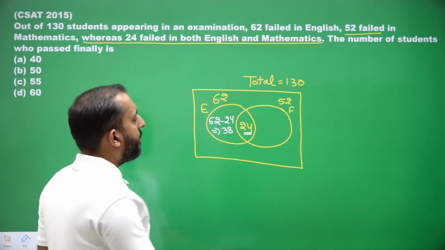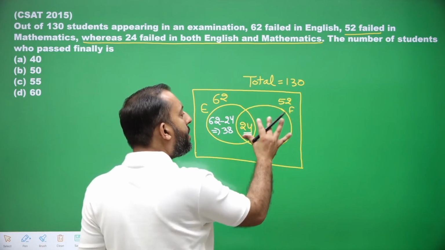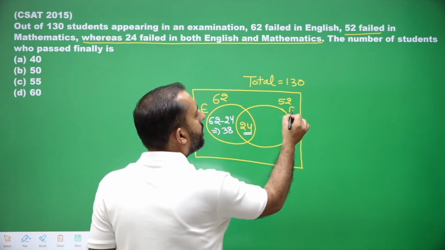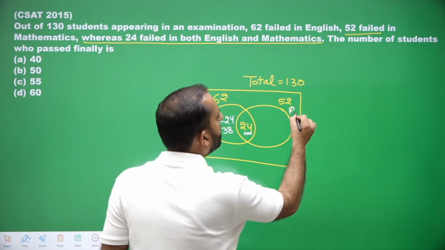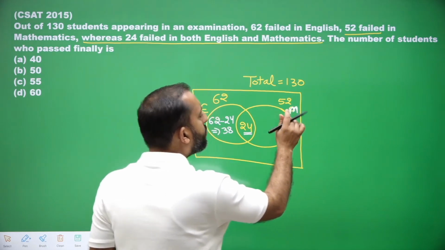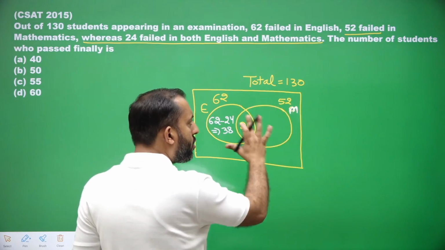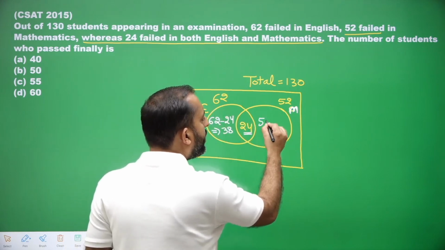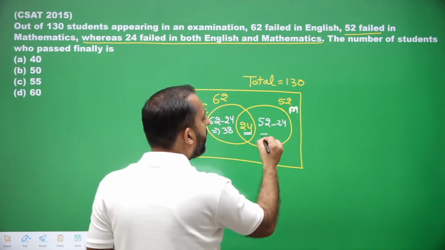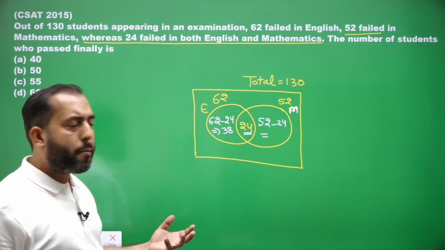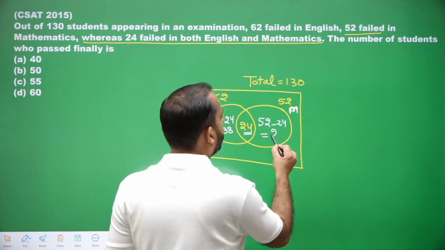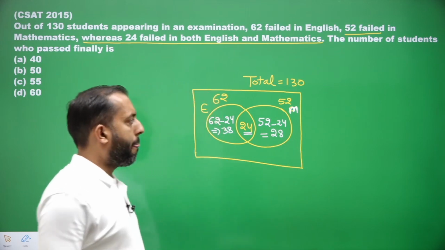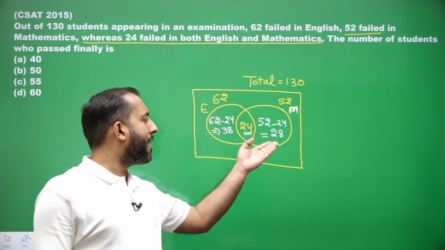And the value of the remaining region of math: the number of students who failed in math is 52 in total. Out of 52, 24 failed in English also. So 52 minus 24 is the value of the remaining region, which is 28.